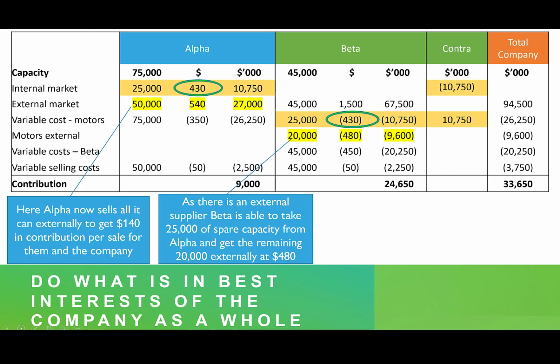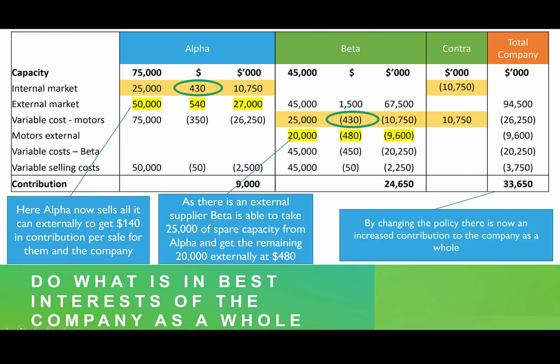But the point is we're actually making more money that way for the company. So by changing the policy, there's now an increased contribution to the company. We've increased the contribution via Alpha and reduced it via Beta, but overall it's a win-win.